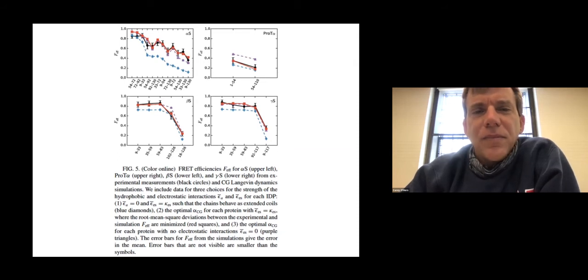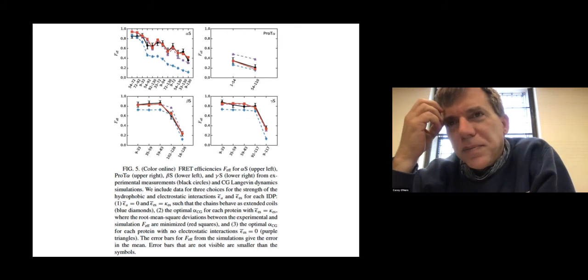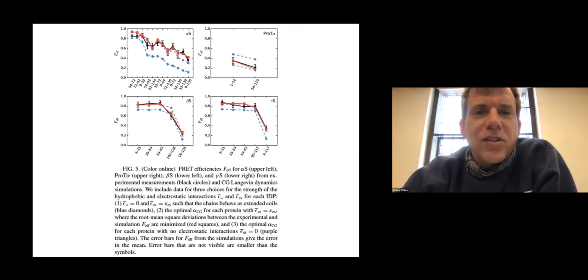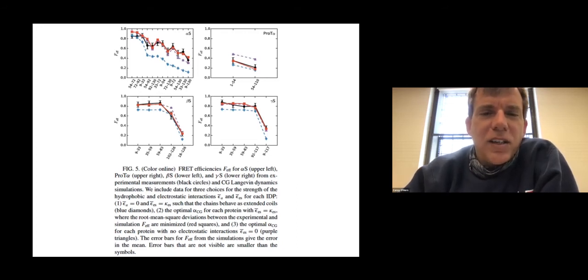But then when we have the red model, where we're able to tune the ratio of the attractions to the repulsions, we can get basically quantitative agreement with the experiments. And that's definitely true for alpha-synuclein. It's true for beta-synuclein. It's true for gamma-synuclein.